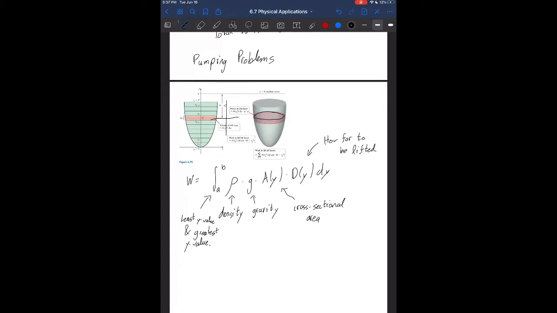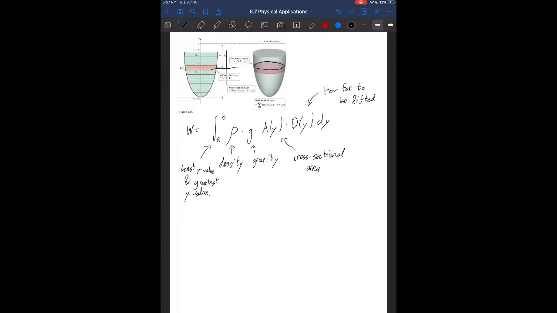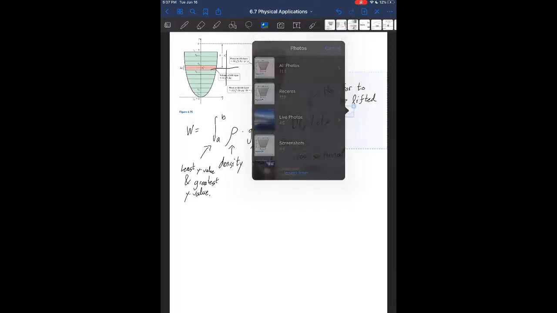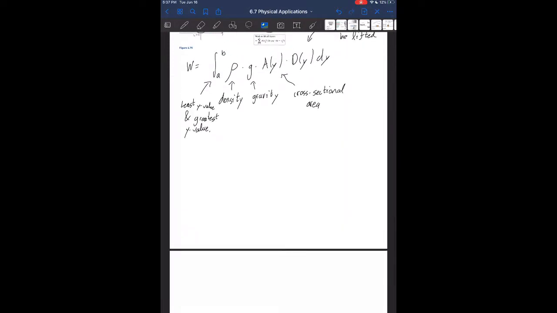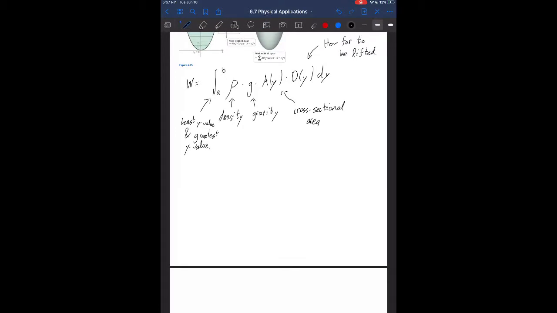Okay. So let's jump into an example of how to do this, which I think I have a picture of. I cannot remember. Nope, no picture. Okay. So let's say that we have an upright cylindrical tank.